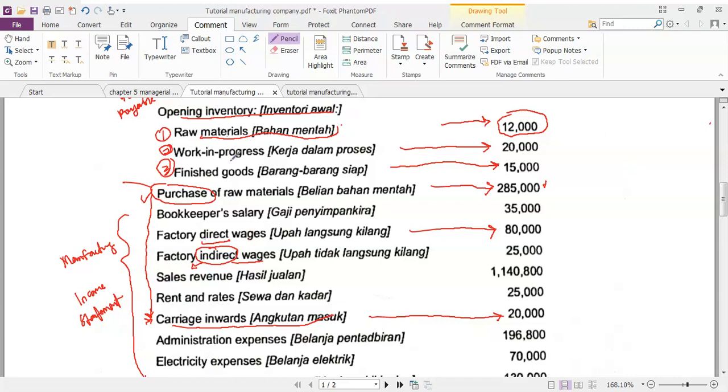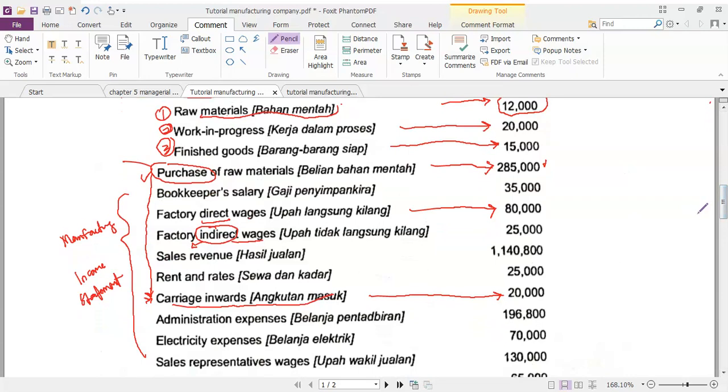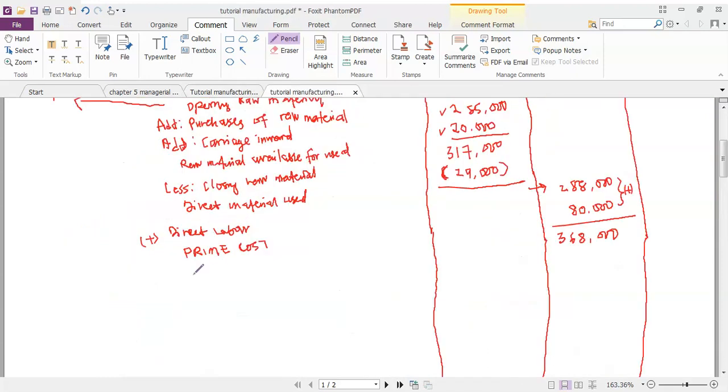Okay, what do we have inside the list of account? If you look here, the first one is our indirect wages. Factory indirect wages 25,000. We should add on here, add with factory overhead.